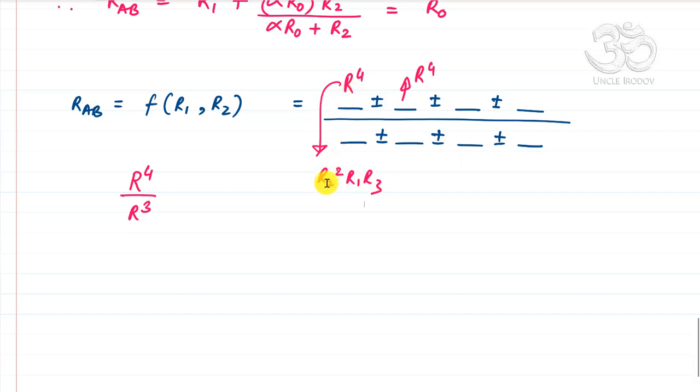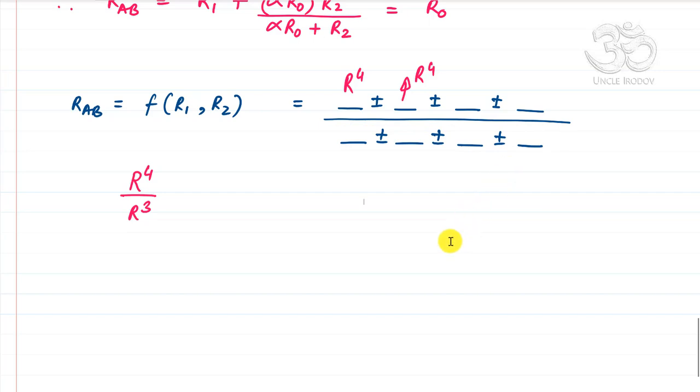But if you count the exponent of resistance, you will get 2 plus 1 plus 1, so 4. Right, so if in every term in the numerator you have only got plus or minus signs in between, then each term should have the same degree, and let's say each term has got fourth exponent here, and then we know that every term in the denominator should have only third exponent.